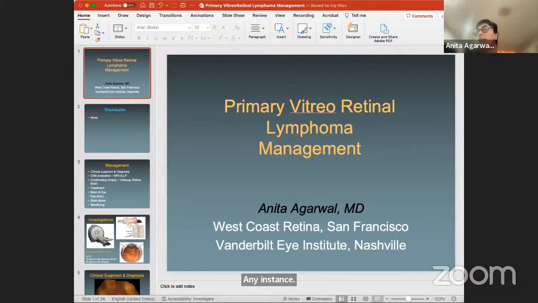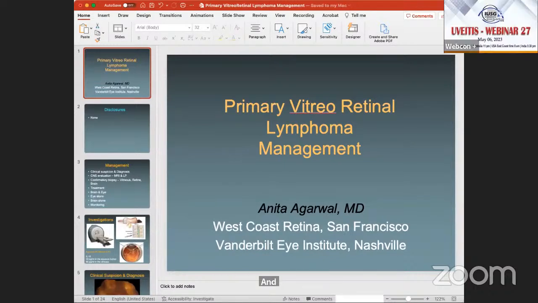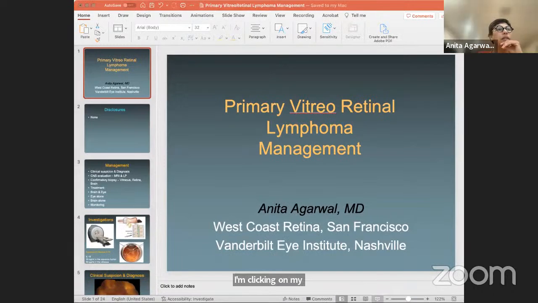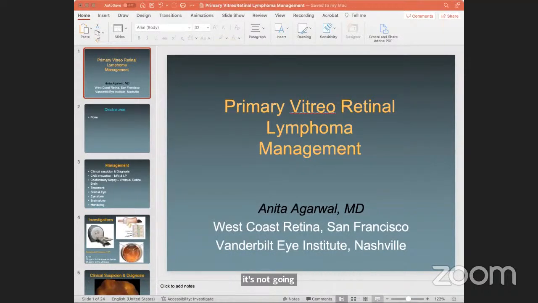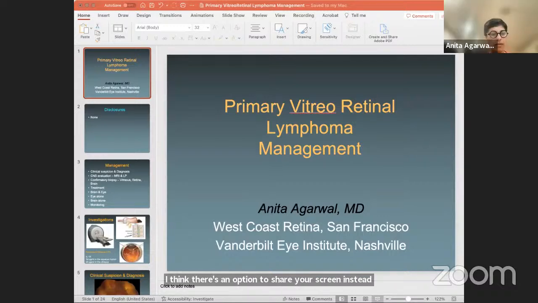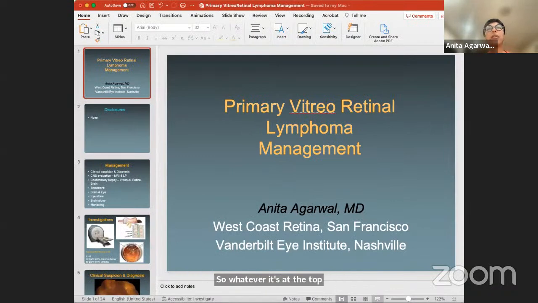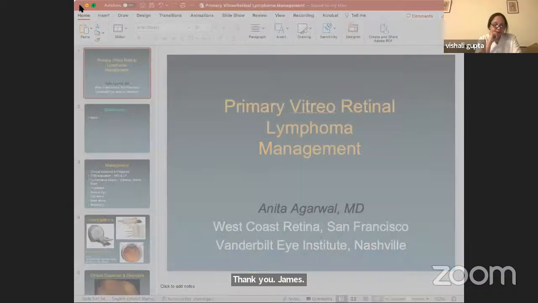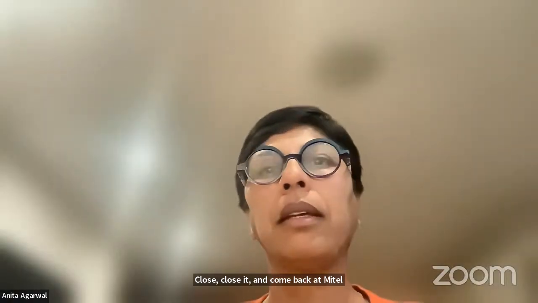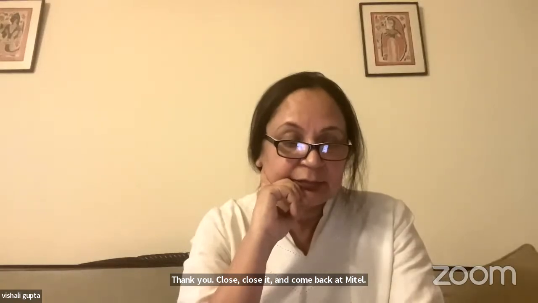It's not going on slideshow for us, but it's moving on my computer. She's clicking, I'm clicking on mine, it's going, but I guess it's not going for you guys, so there must be something in between. I think there's an option to share your screen instead of sharing the particular file, and then it will show whatever's at the top of your screen. Can you close it and come back? You mean close my PowerPoint and come back? Yep, share it all over again. I've gotta do something here.